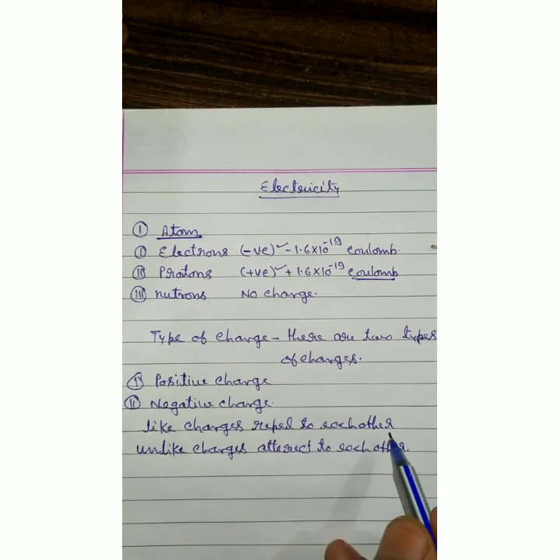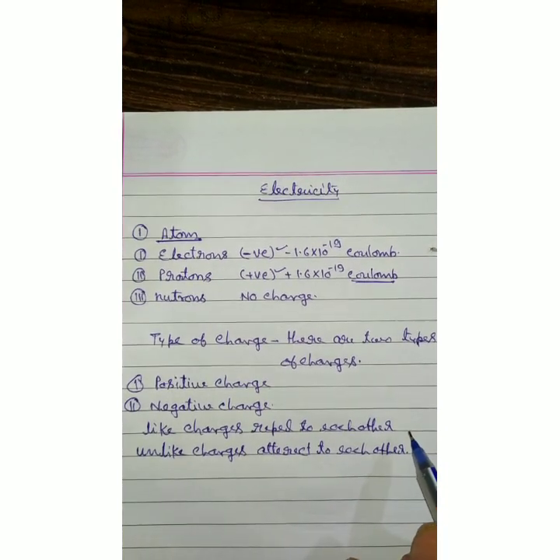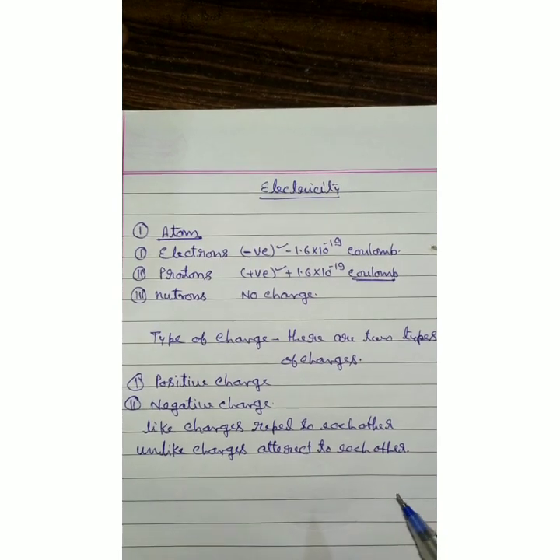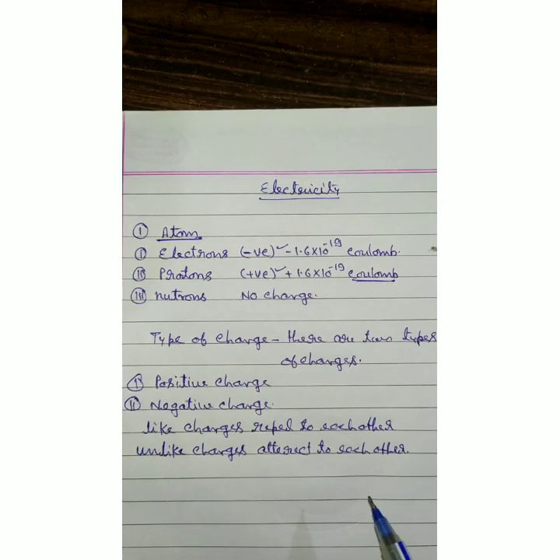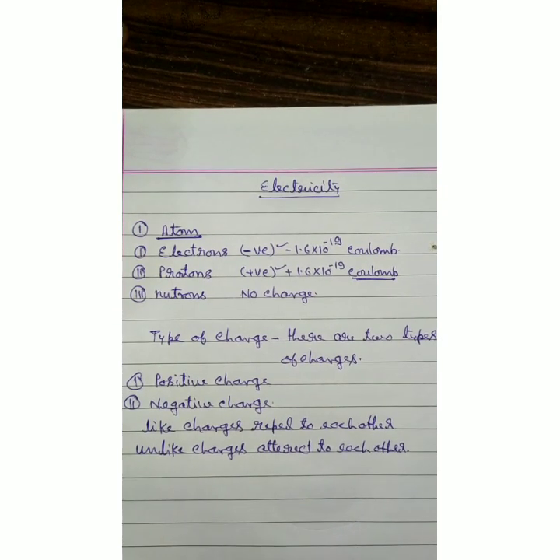Like charges repel each other means two positive charges repel each other, and two negative charges repel each other. Unlike charges attract each other means a positive charge attracts a negative charge, and a negative charge attracts a positive charge.